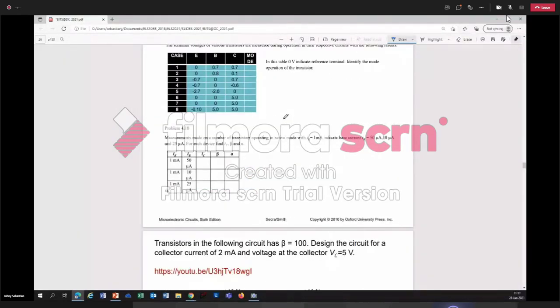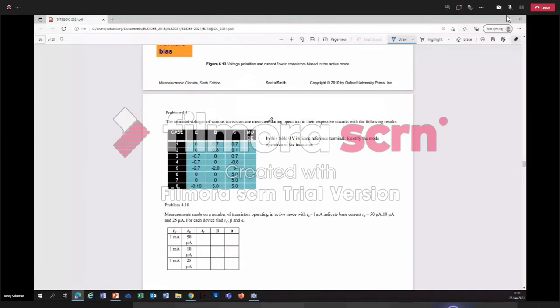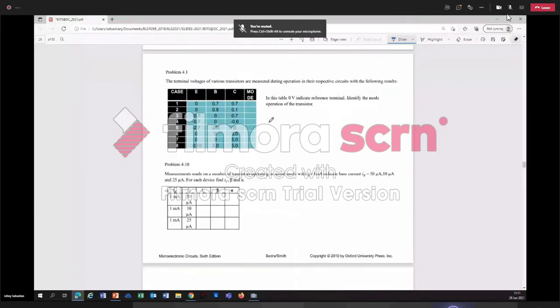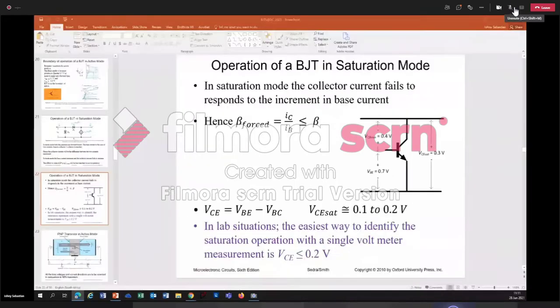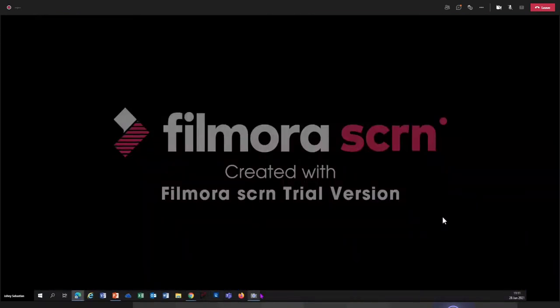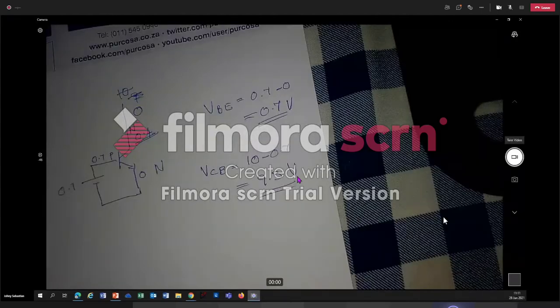Did anyone try it out? This is problem 4.1. Case 1.